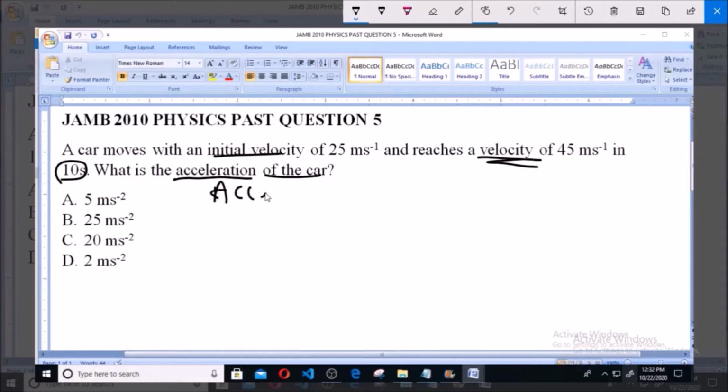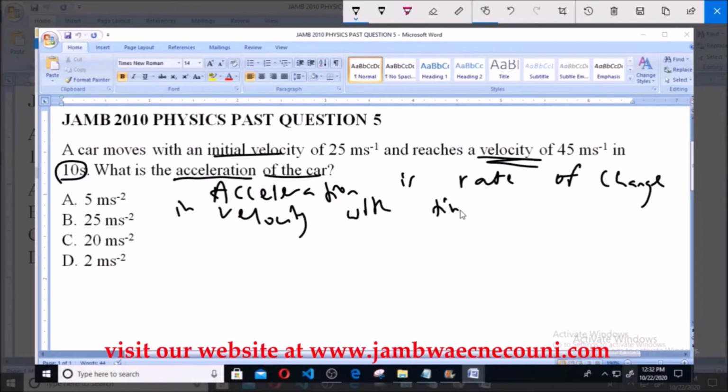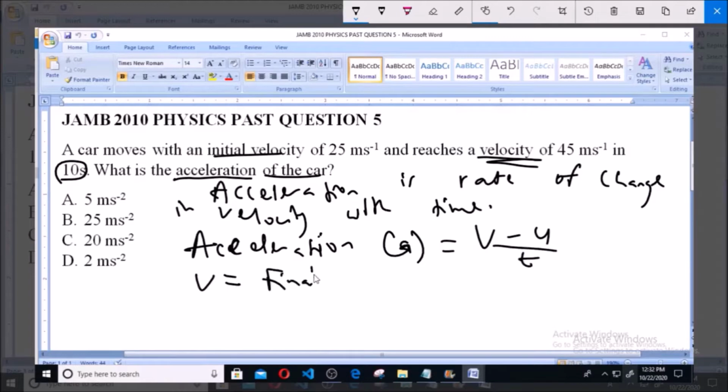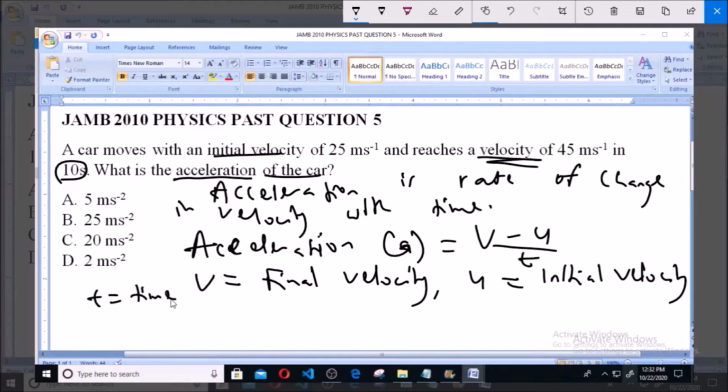Now acceleration is defined as the rate of change in velocity with time, and mathematically acceleration a is given as v minus u over t, where v is equal to the final velocity, u is equal to the initial velocity, t is equal to the time.